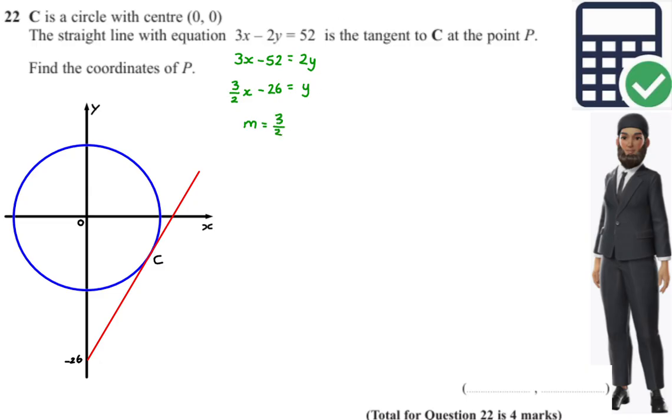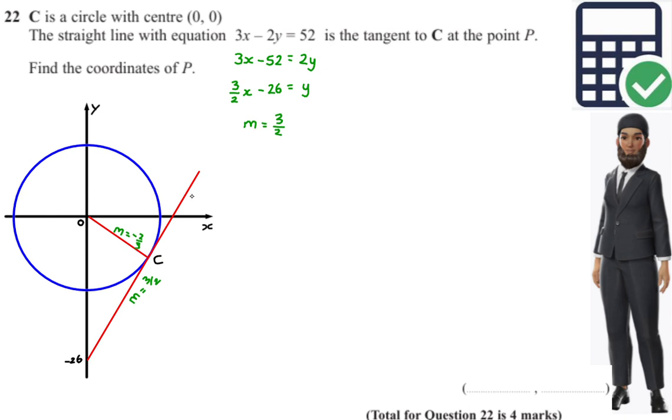There's a mathematical fact that when a radius touches a tangent, it meets at a right angle, and the gradients are negative reciprocals. So if this gradient is 3 over 2, the gradient of the line from the origin to C is going to be the negative reciprocal, so minus 2 over 3.